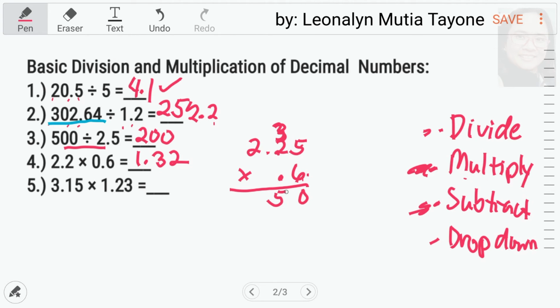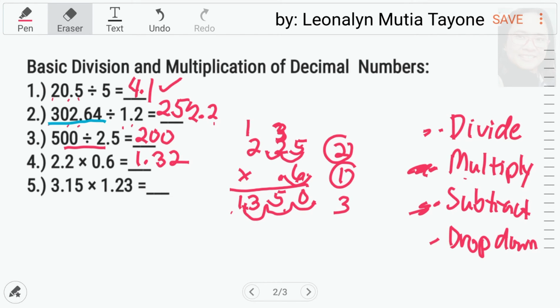Carry 1. 2 times 6 equals 12 plus 1 equals 13. Sa factors mo, 1, 2, dalawa dito. 1, so isa. 2 plus 1 equals 3. Yung decimal mo, 1, 2, 3. So, ang sagot dito ay 1.35.